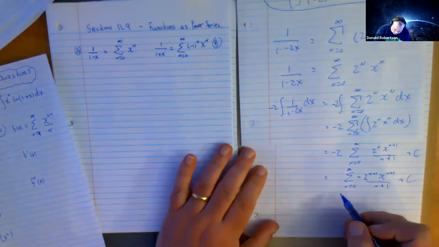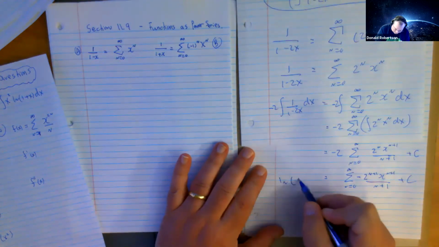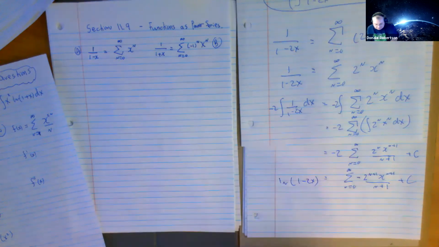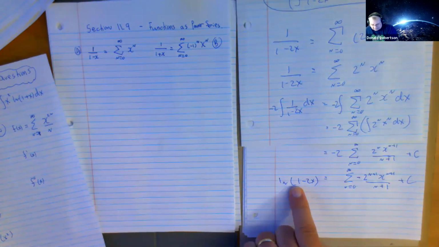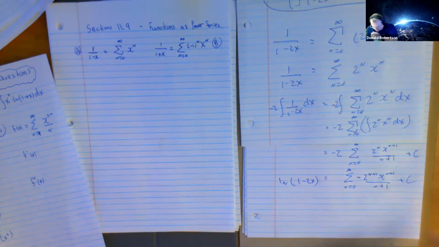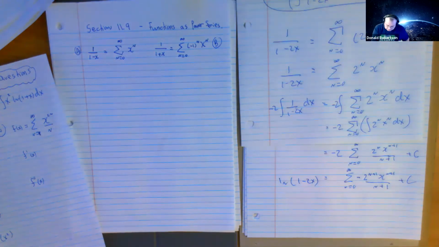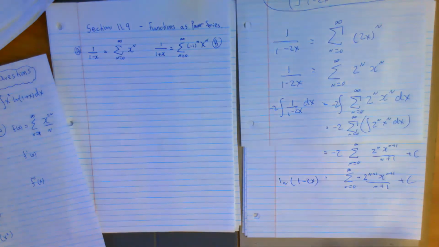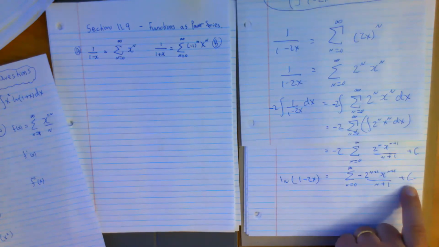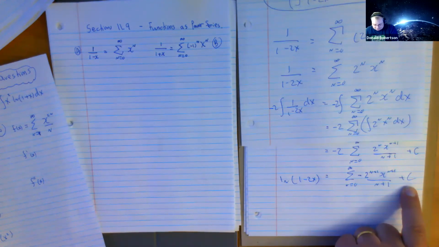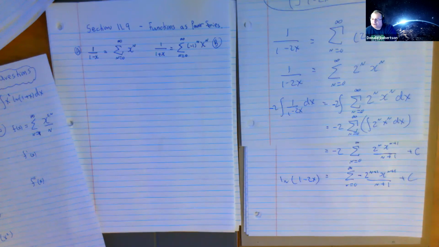That means I now have this. The power series for this is this ugly thing. It's this. We have to find C. We're not finished till we do that. Don't we just plug 0 in and see what it gets?